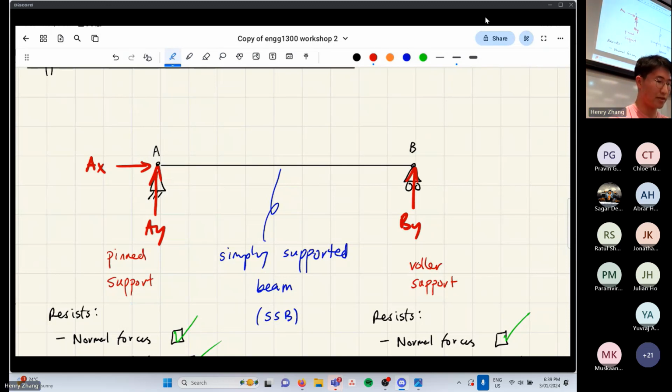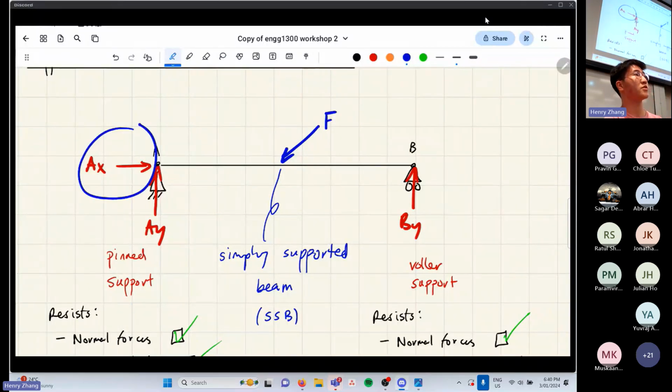So what I mean is, if I had a diagonal force acting on this beam, the reaction is going to want to resist the horizontal portion of that force, right?